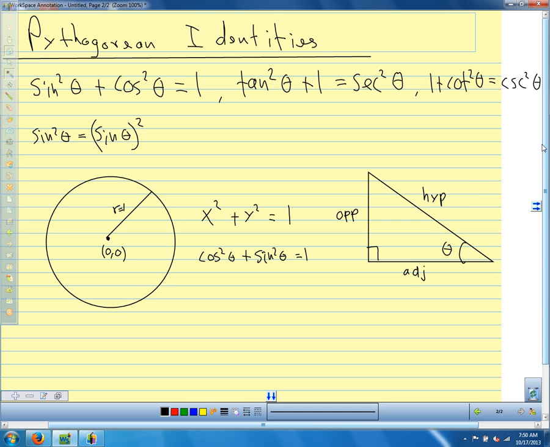What's our favorite equation? And our hint is in the title of this identity. What's our favorite equation on a right triangle? The Pythagorean theorem. So I'm going to write the Pythagorean theorem for this triangle. So I get the opposite side squared plus the adjacent side squared equals the hypotenuse squared.